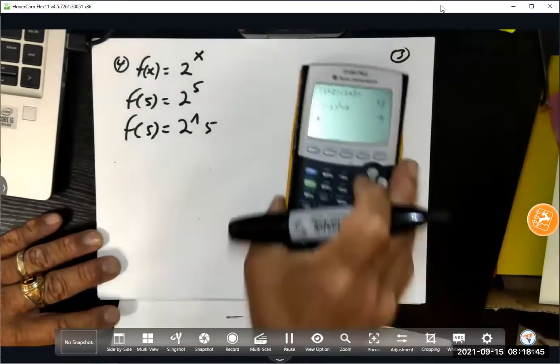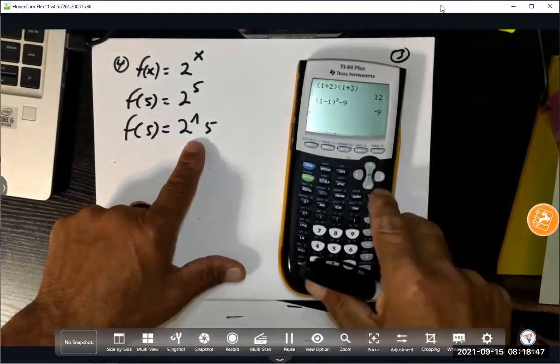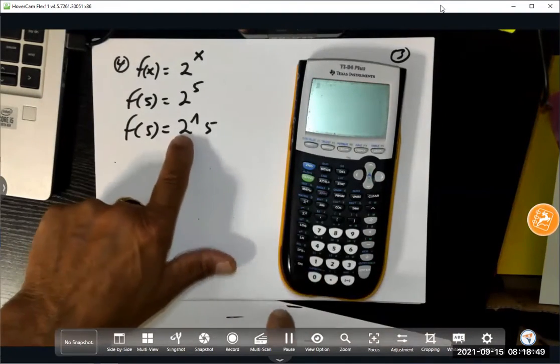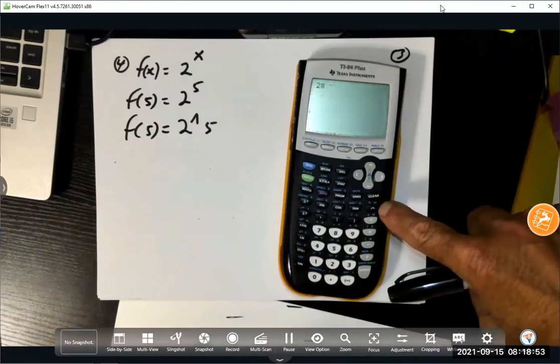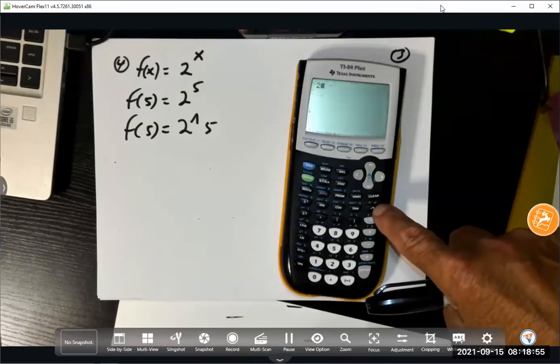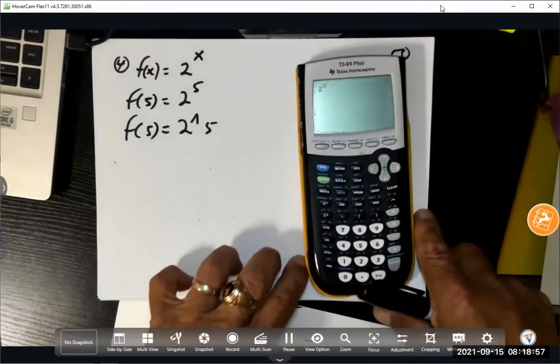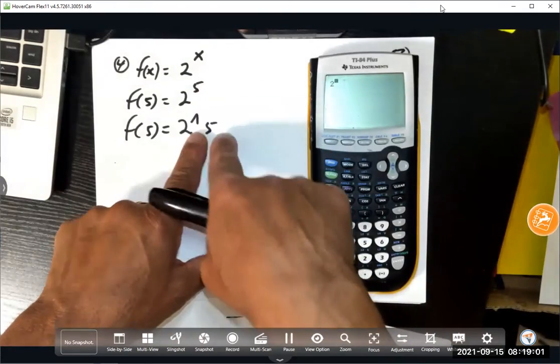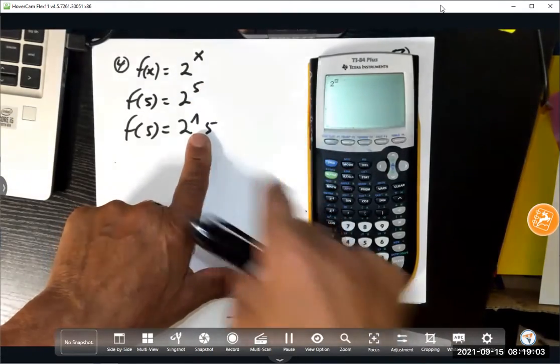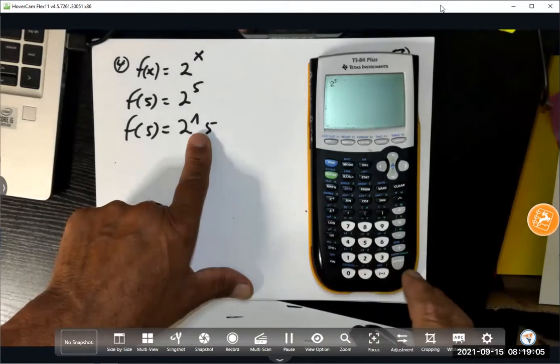So let me set it up so you can see it. Okay, so you're gonna go 2, this number here. Power is this key right here. See this with that little upside down? Hit that key right there. Boom. So on mine, it puts it up there. If you have an 83, it might look like this. Anyway, put the 5, hit enter.